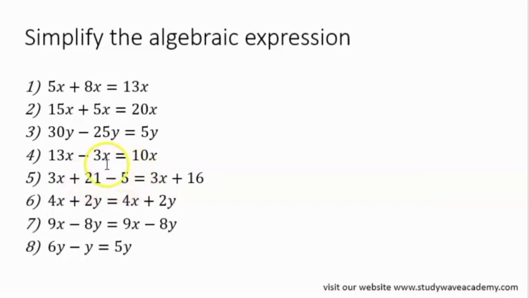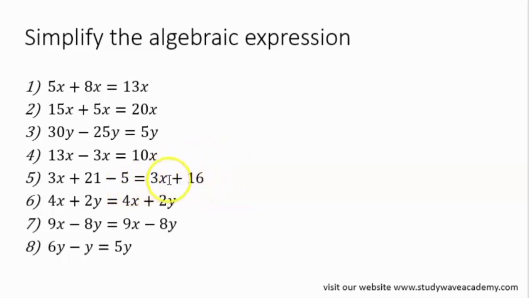Remember, we said we can't add variables and numbers together. So to simplify it, we'll do 21 minus 5, because we're trying to make the equation simpler. Our answer is 16. So this expression, being simpler, is 3x plus 16.